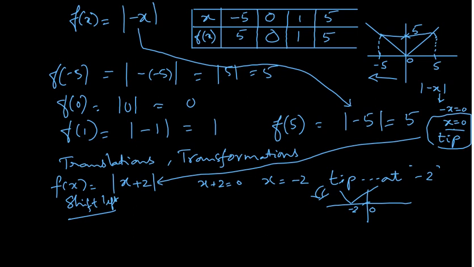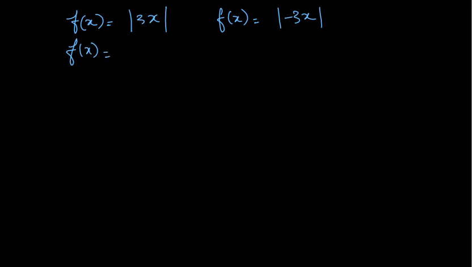Then you will again have scaling up, scaling down, which means you can have f of x equal to mod of 3x, or you can have f of x equal to mod of negative 3x, or you can have f of x equal to 3 mod x, and f of x equal to negative 3 mod x.